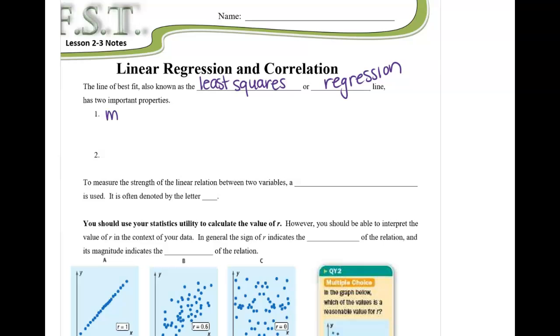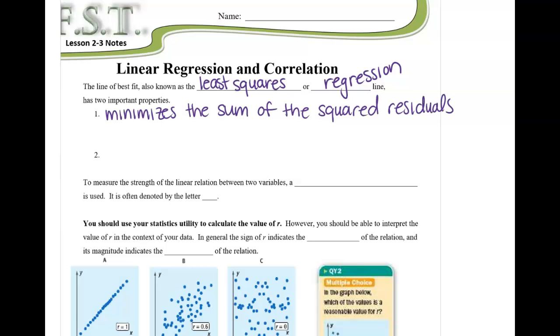First of all, it minimizes the sum of the squared residuals. So the squared residuals is what we did in lesson 2.2 when we compared the two lines of best fit. So it minimizes the sum of the squared residuals, and it also contains the center of mass.